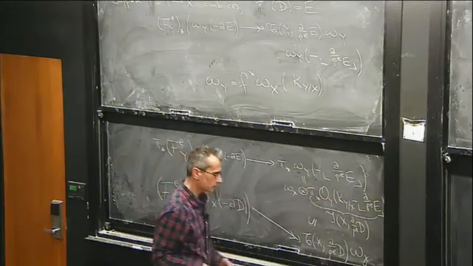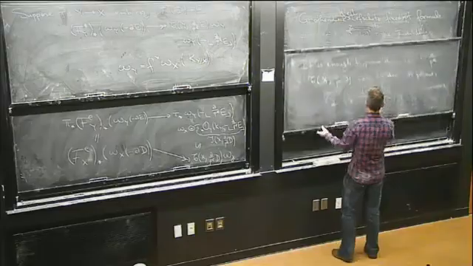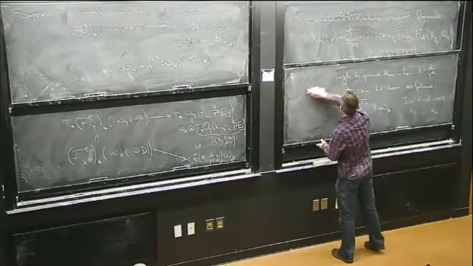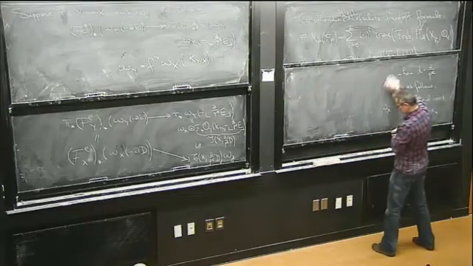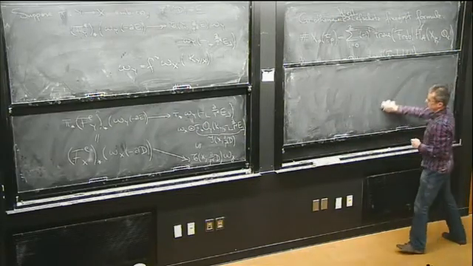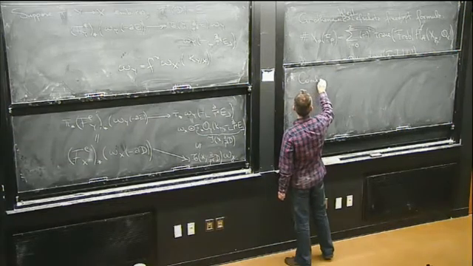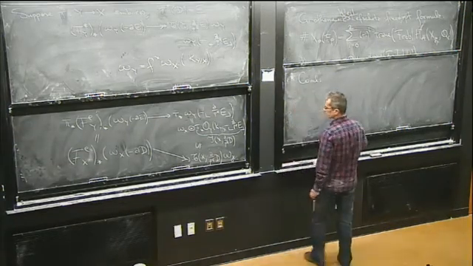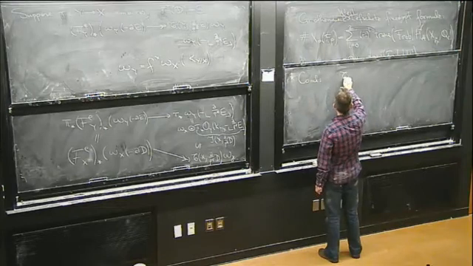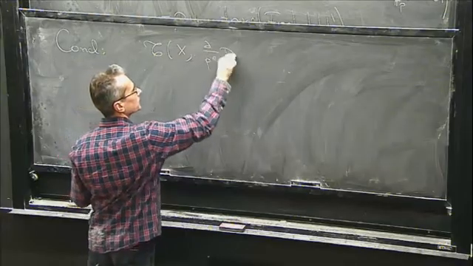So the conclusion, sorry, I'll finish in 3 minutes. So the conclusion is that we always have the test ideal contained in the multiplier ideal.